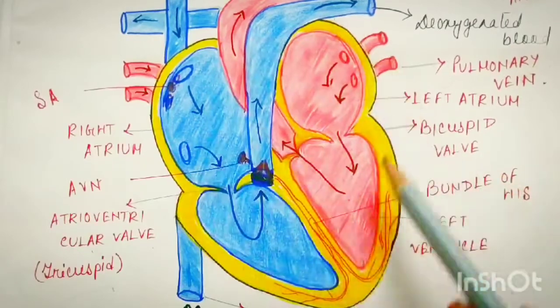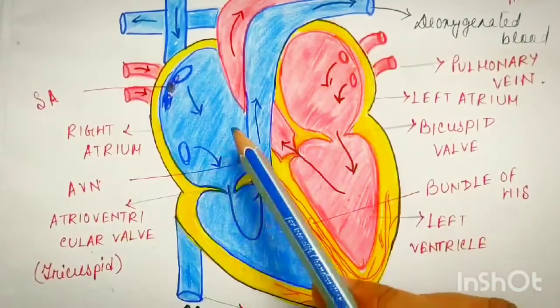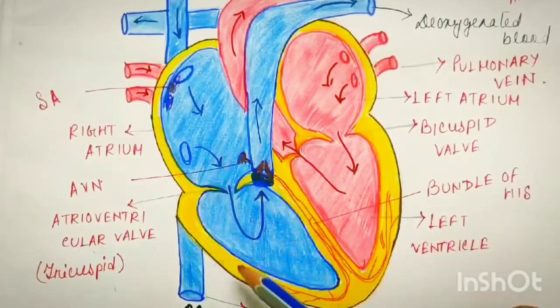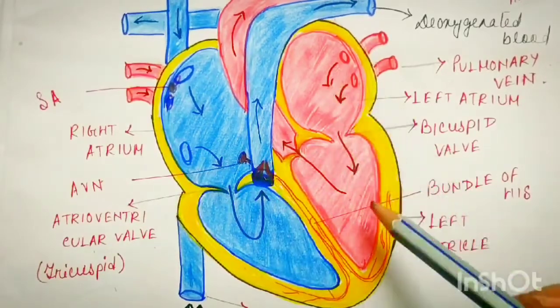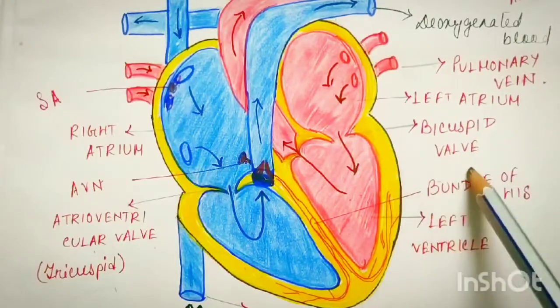Means in the heart there are a total of 4 valves. The first one, from the right atrium to the right ventricle, where impure blood flows, is called the tricuspid valve. From the left atrium to the left ventricle, where pure blood flows, there is the bicuspid valve.